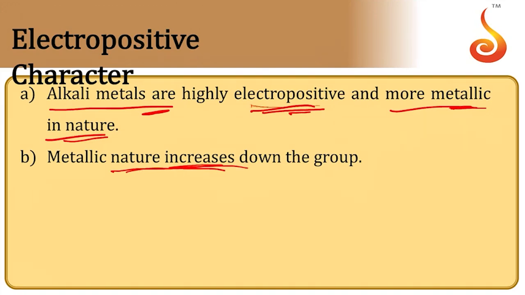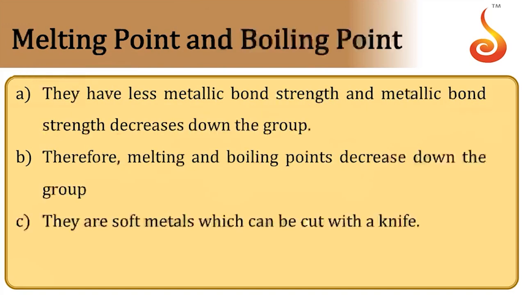That is because down the group electropositive nature is increasing, thereby metallic nature also increases down the group. Second group elements are lesser metallic in nature because they have lesser electropositivity. But again, down the group, metallic nature will be increasing there. That is regarding the second group electropositive character.